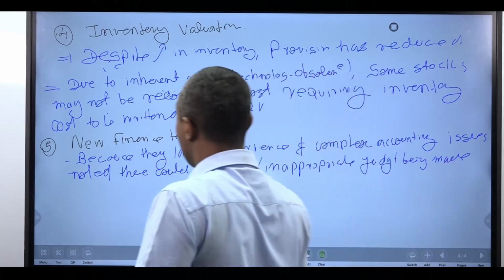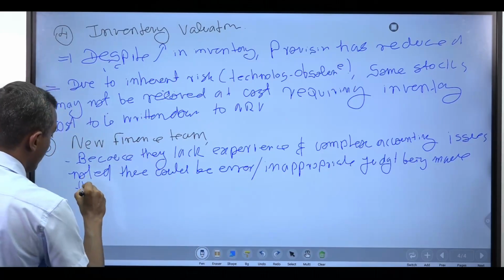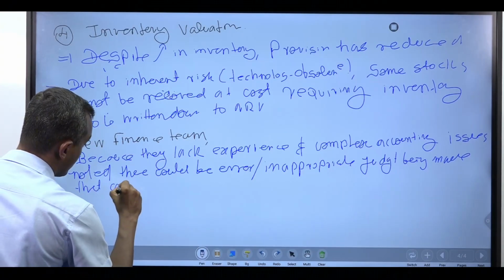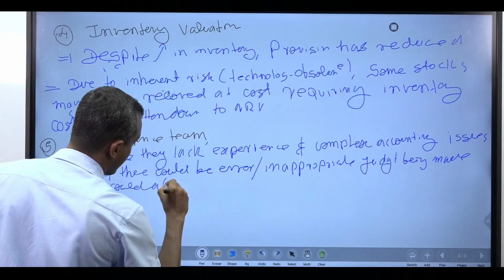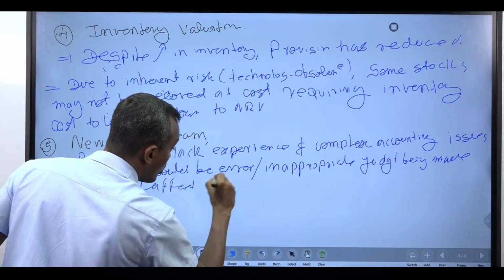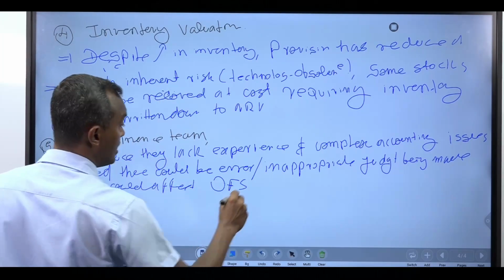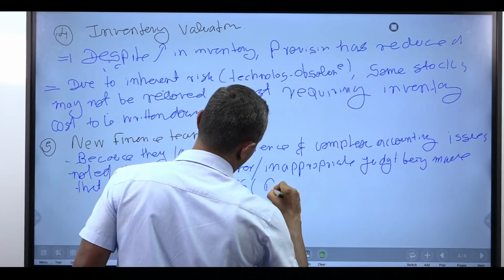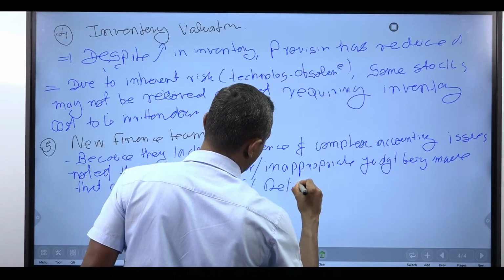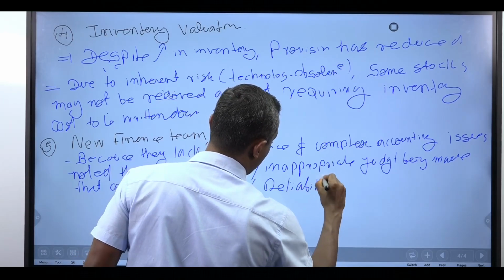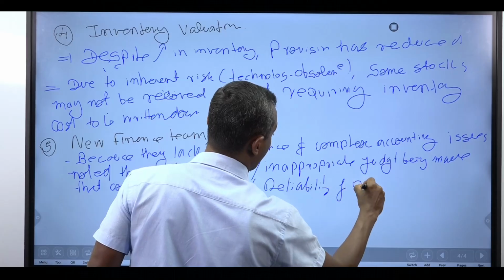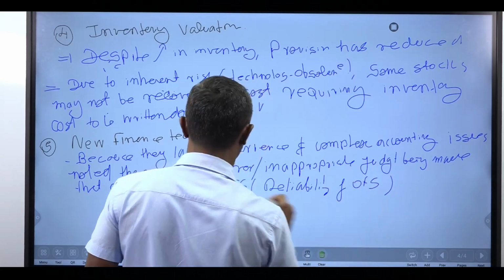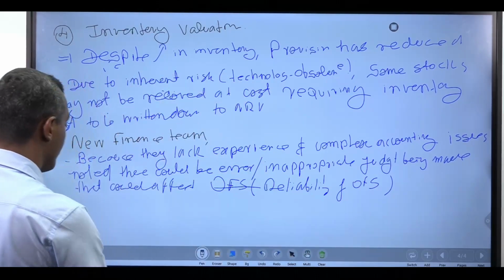That could affect overall financial statement. Many areas could be affected. That could affect the reliability of overall financial statement. OFL, that is overall finance. We wrote five. Do we need to write more?